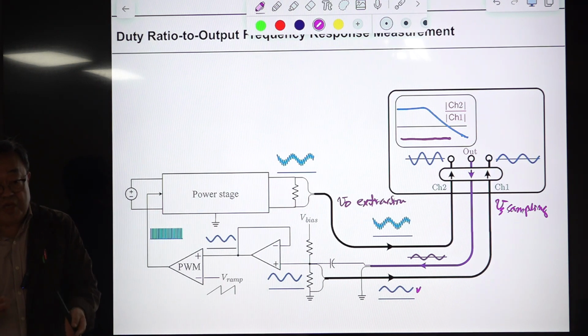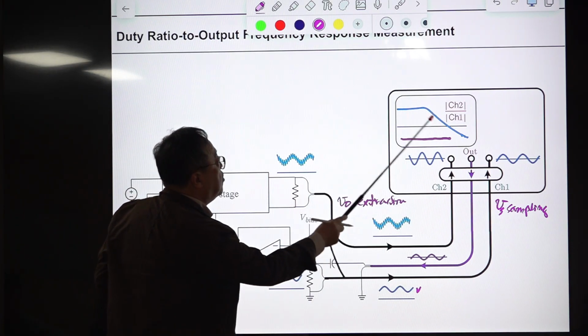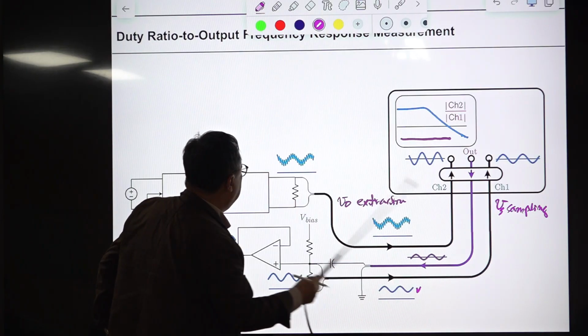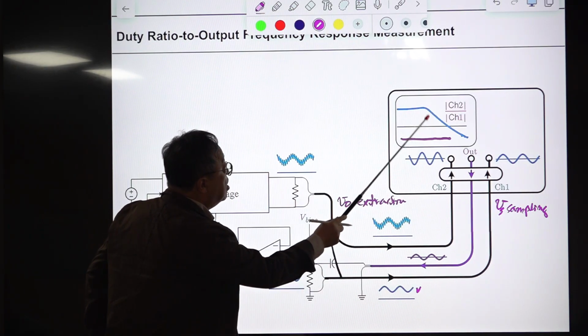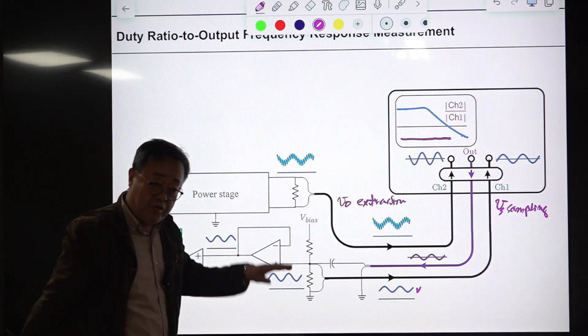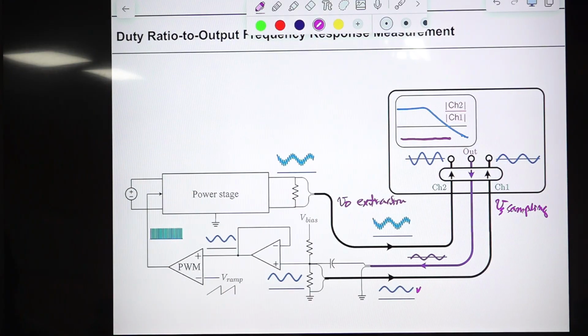You know what FFT is? Fast Fourier transform, and it generates this waveform. This is the ratio between the magnitude of the input signal and the magnitude of the sinusoidal AC component. This is the magnitude curve, and below maybe the phase curve will be traced out. Okay, this is the way of measuring this.